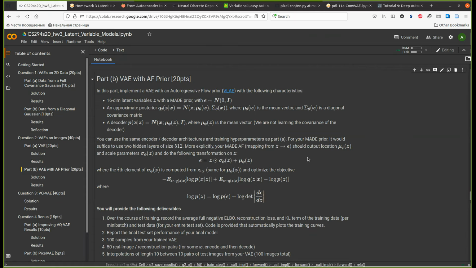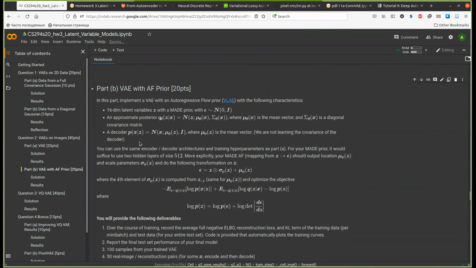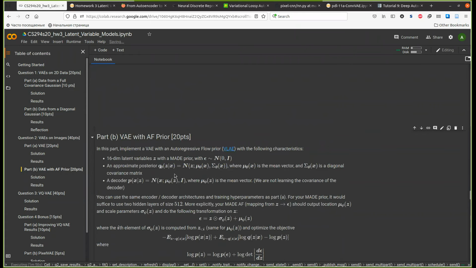But we cannot easily sample from an arbitrary distribution, right? In the regular autoencoder, you also encode an image into some latent space, and you regularize it in some way, and then you decode the image, and you can get good results in decoding an image.